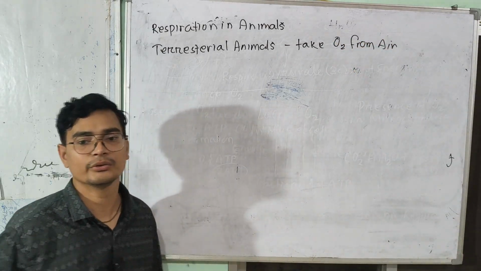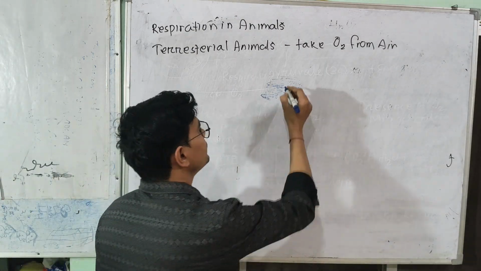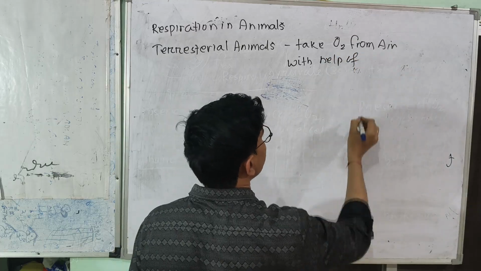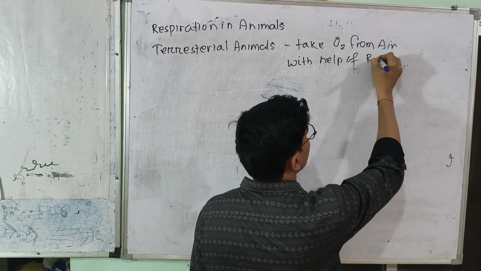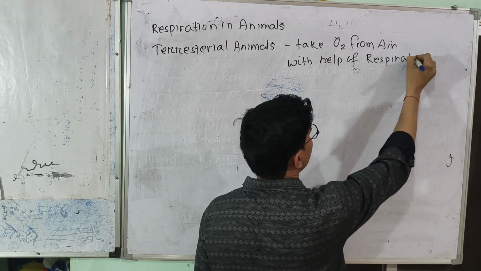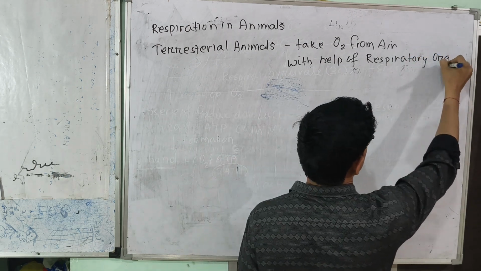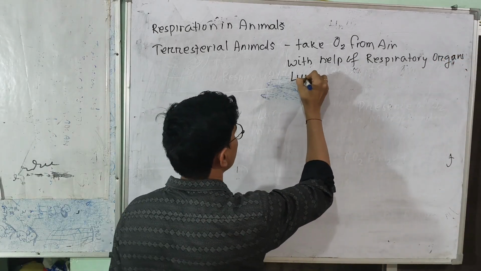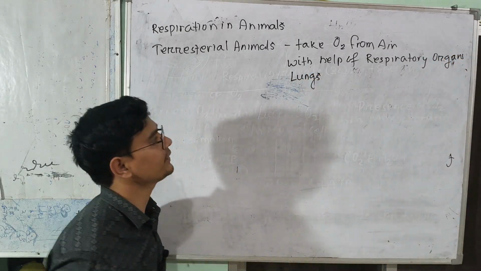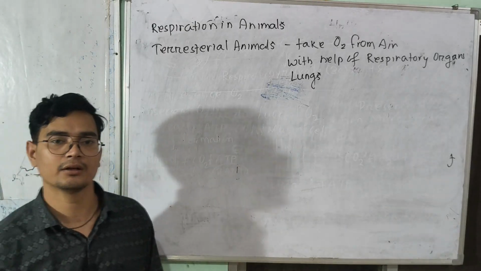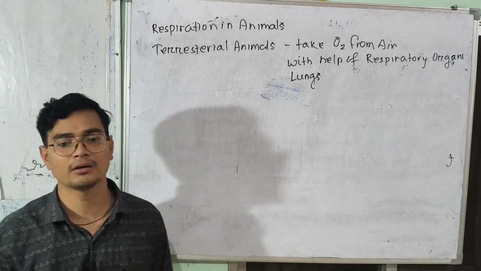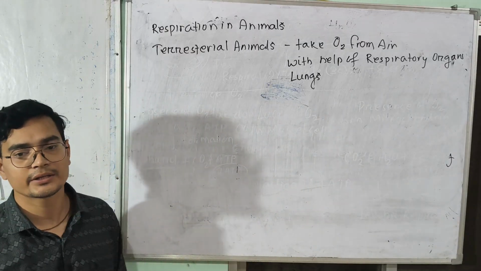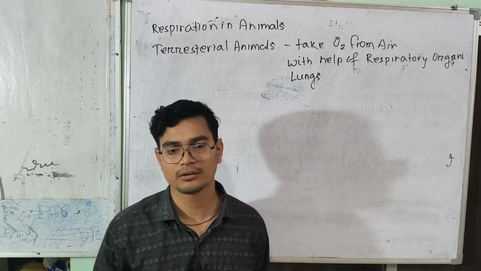That is called breathing, with the help of the respiratory organ called lungs. लंग्स की हेल्प से क्या करते हैं, वो रेस्पिरेशन करते हैं, टेरेस्ट्रियल एनिमल्स, ह्यूमन हो गया, जो भी हैं रेप्टाइल, स्नैक, बर्ड्स, सारे उनके पास लंग्स होता है, ठीक है.